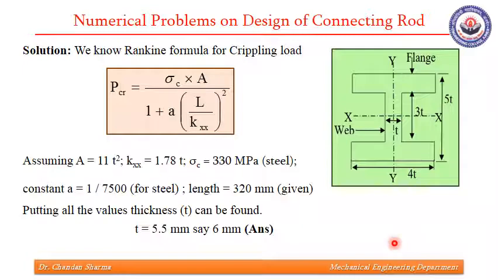Putting all the values, we can find the value of t. So we'll be able to find what is 5t, what is 4t, and what is the thickness of web and flange. So this was the basic numerical in which we have found the dimensions of the cross section. Invariably, in every design question, we are required to find this dimension.